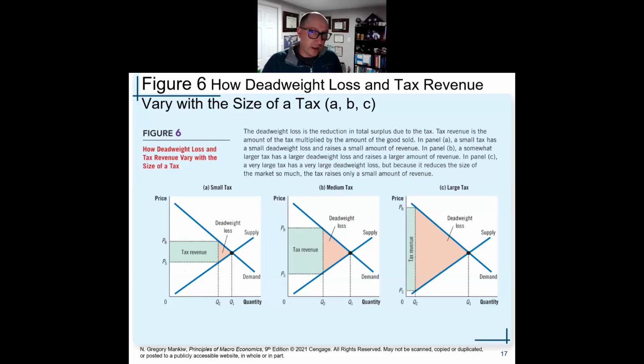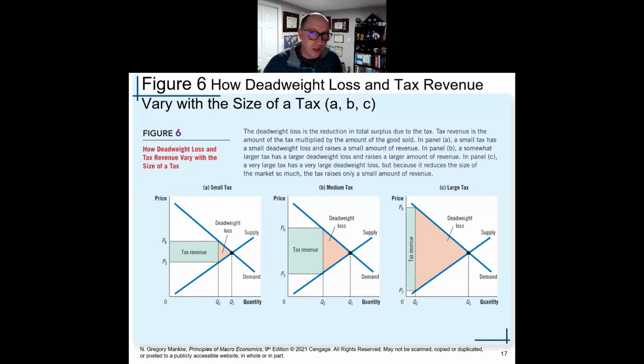A small tax, and this would be letter A, is representative of an inelastic good or service. Relatively small tax amount, deadweight loss is going to be pretty small. We see the medium tax. This is representative of an elastic good, and we can see that the deadweight loss is substantially larger.